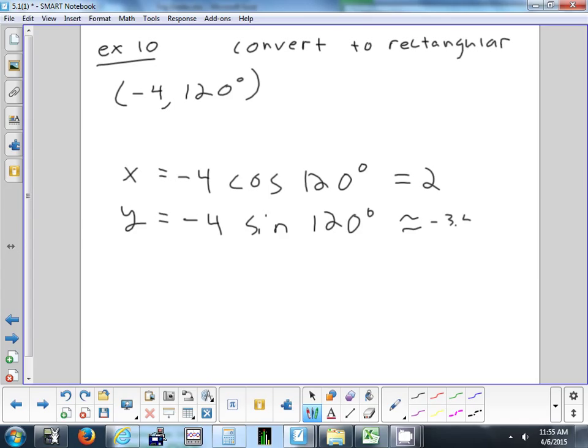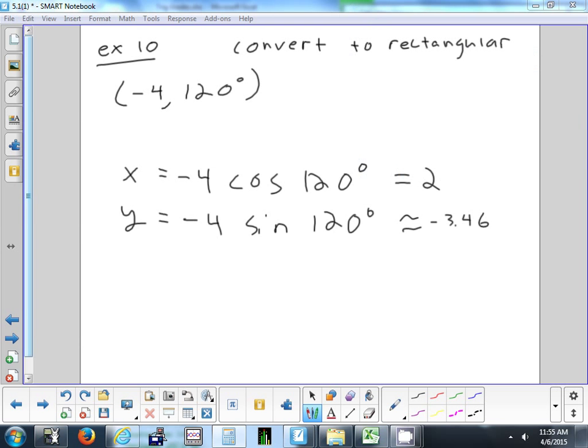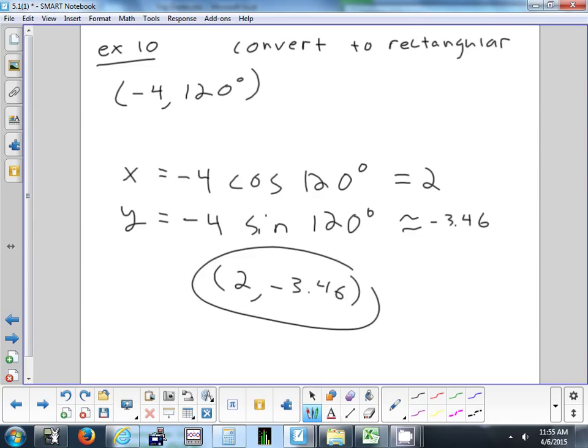Negative 3.46. Just to show anyone who's not sure how she got it, that's the sine of 120. Now multiply it by negative 4. Negative 3.46. When you write your final answer, just make sure you write it as a coordinate.